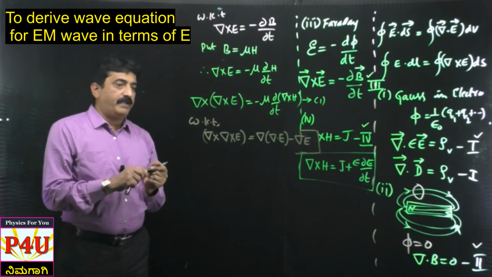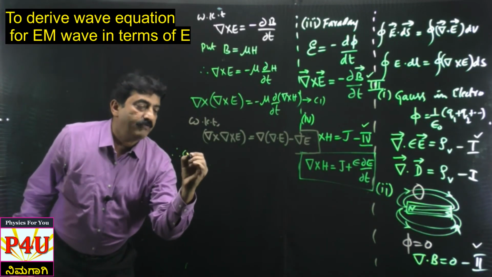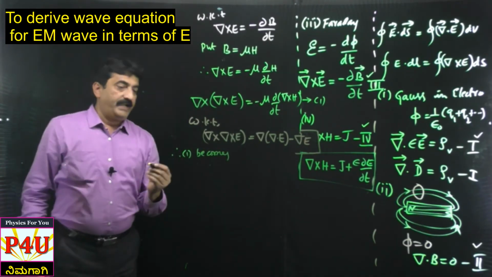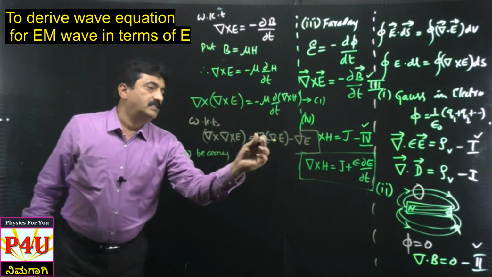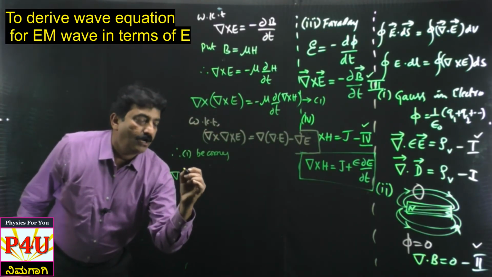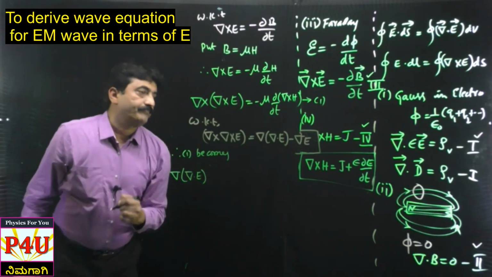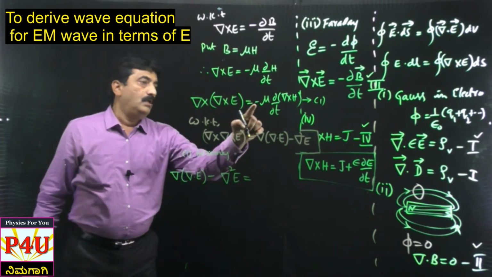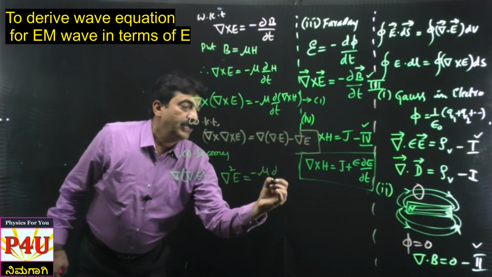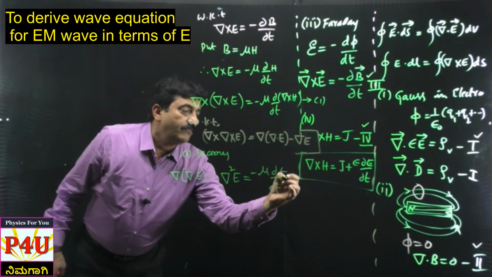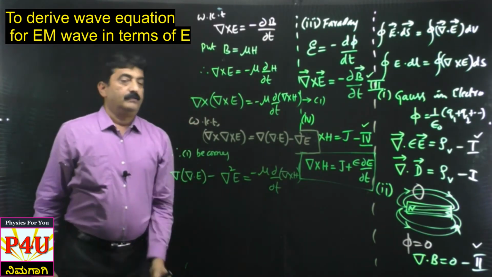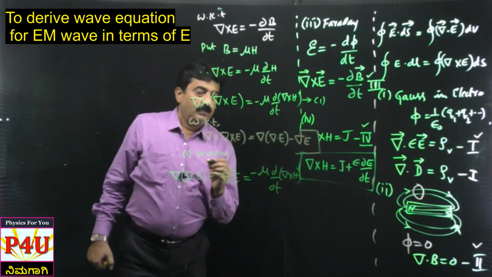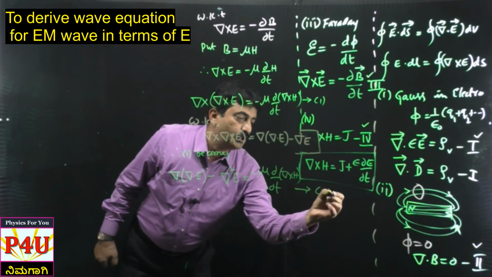So equation 1 becomes: del cross del cross E, that is del of del dot E minus del square E, is equal to minus mu dou by dou T of del cross H. Okay, del cross H. I will call this equation number 2.